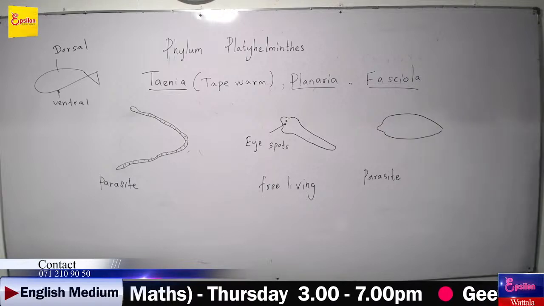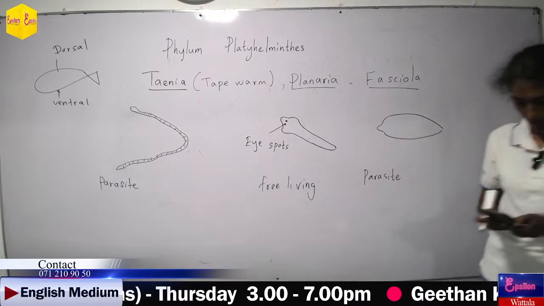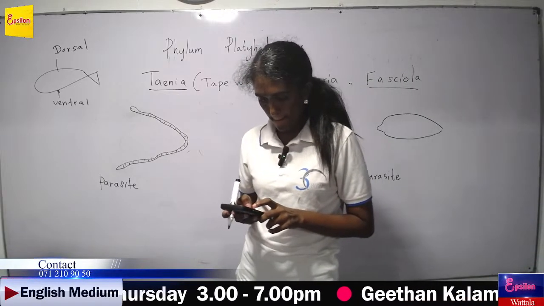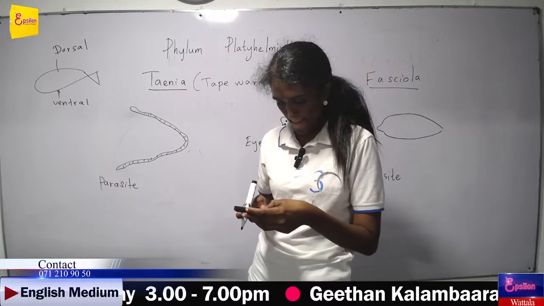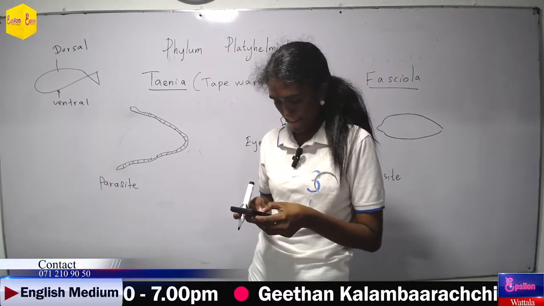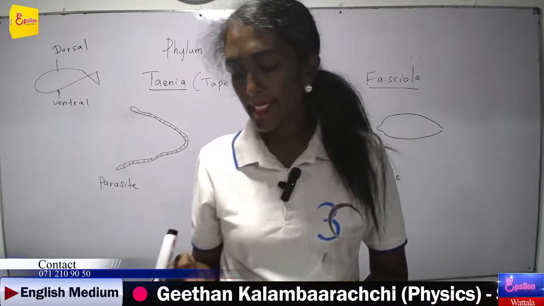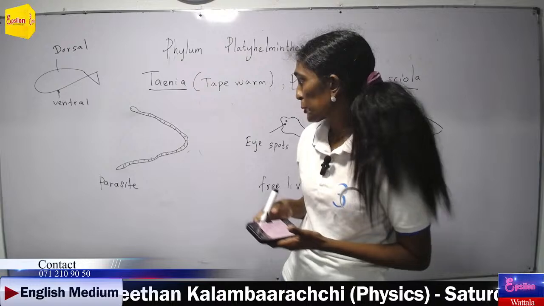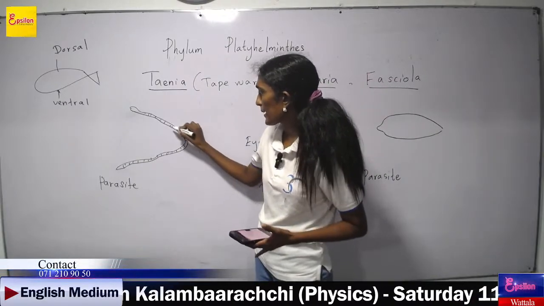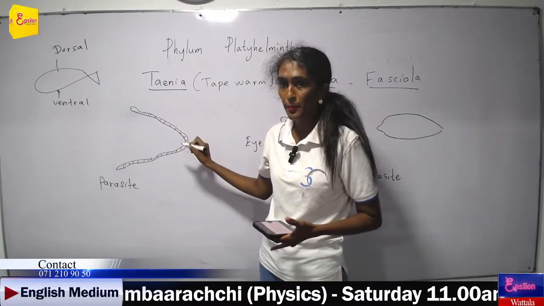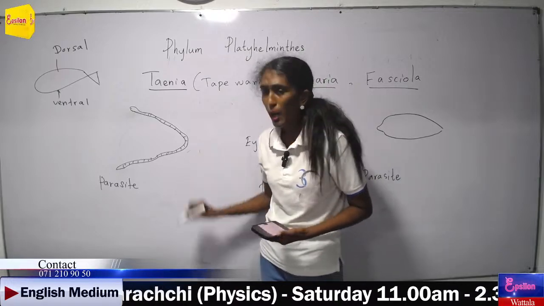Next part it says, some have an elongated tape-like body without true segmentation. Can you see that I have drawn some strands here? Those are from outside only.